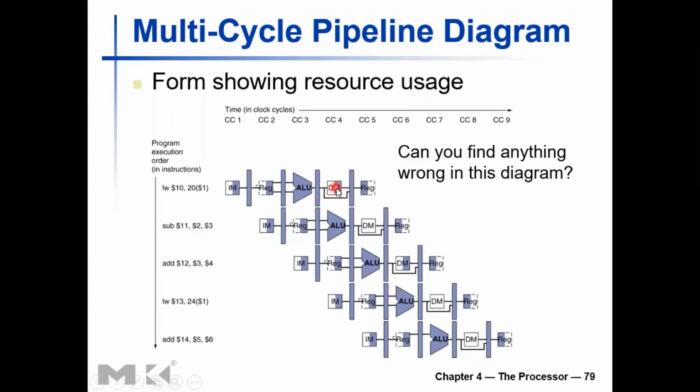Data memory is read, go through a pipeline register. The value you read from the data memory is written to the register file, right? So that is what happens in that data path over the pipeline stages for load word instruction. Like that, when you fill the pipeline gradually, is there anything wrong? Can you find anything wrong in this diagram?